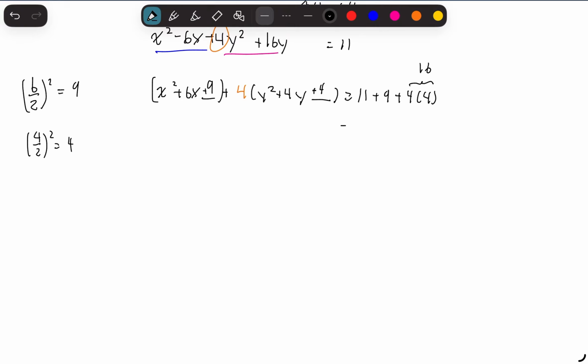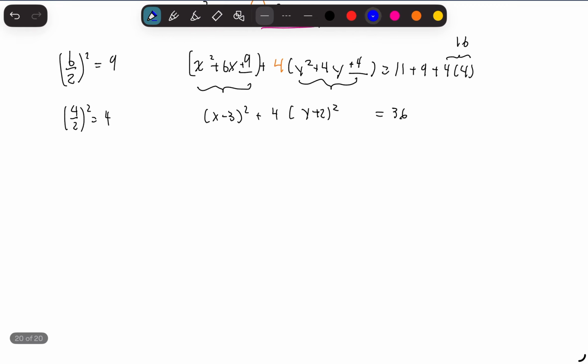This is 16, so this is going to be x minus 3 squared, and this is going to be 4, and this is y plus 2 squared. And this is all equal to 36.